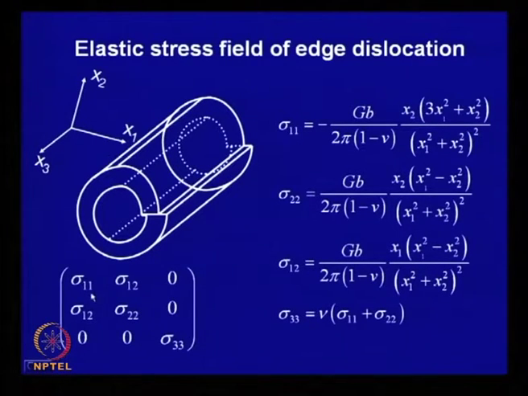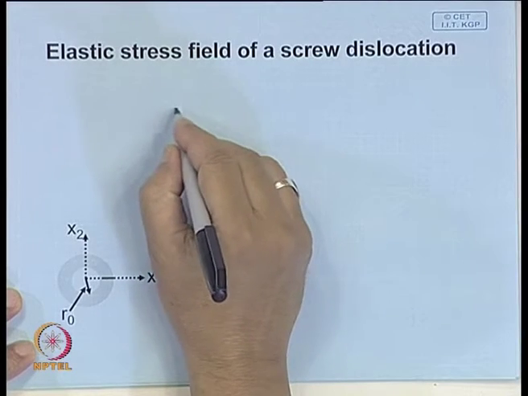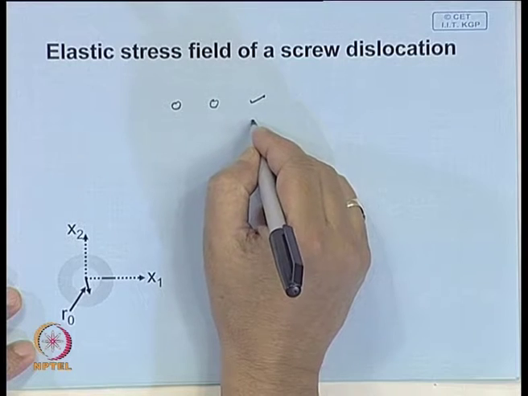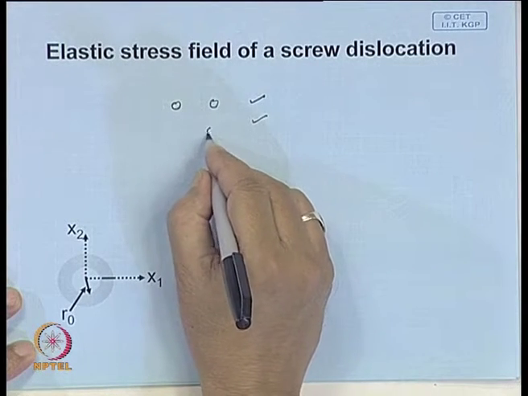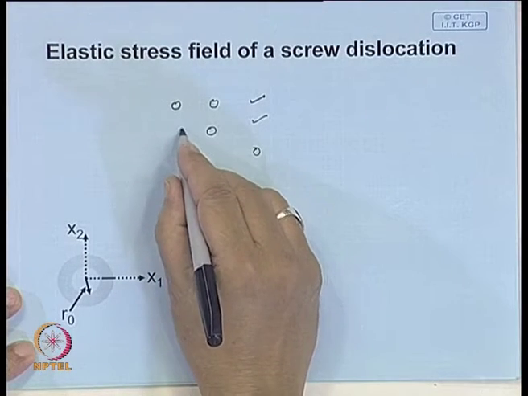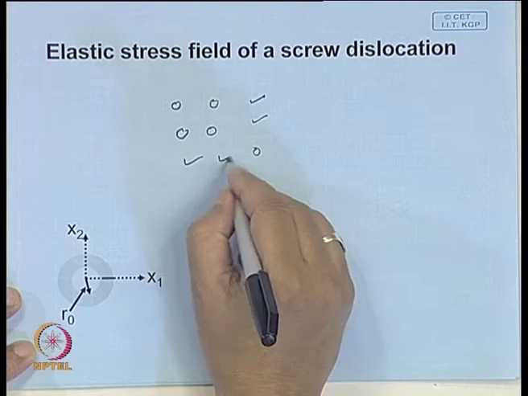If you compare these stress fields, you will find that in the screw dislocation some components are 0, whereas these exist, this is 0, this is 0, this is 0, this is there, this is there.